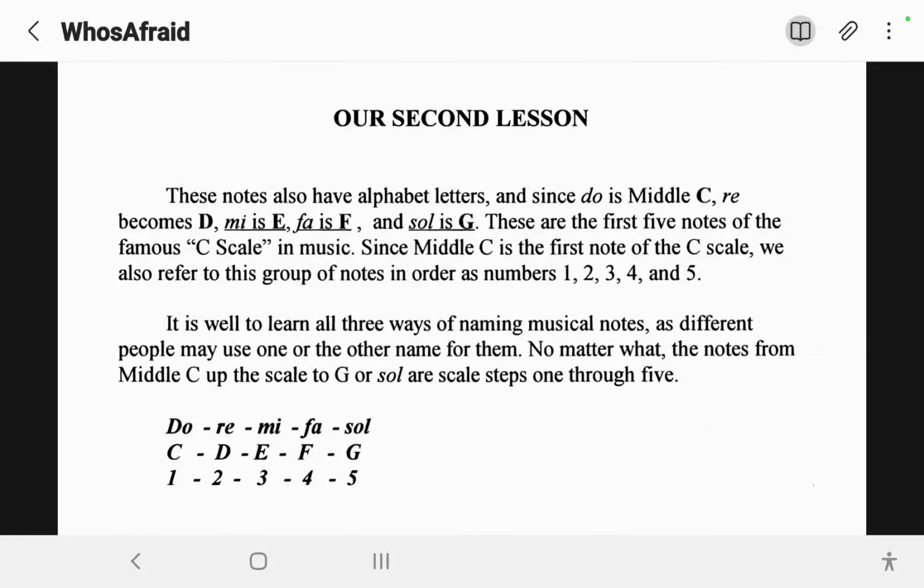Hello, this is going to be lesson 2 of chapter 1 of Who's Afraid of Braille Music. So the last lesson covered just learning the pitches of do, re, mi, fa, and sol on the piano.